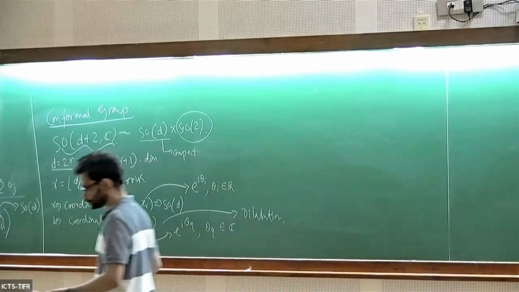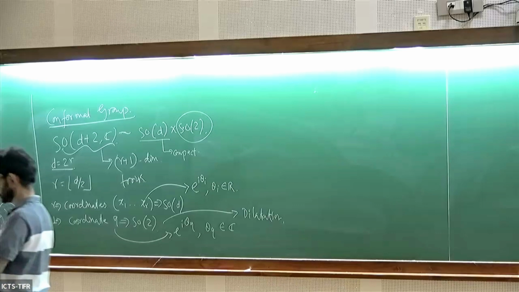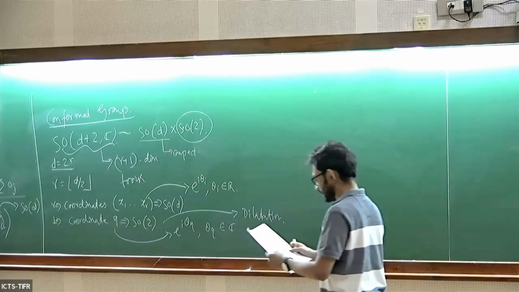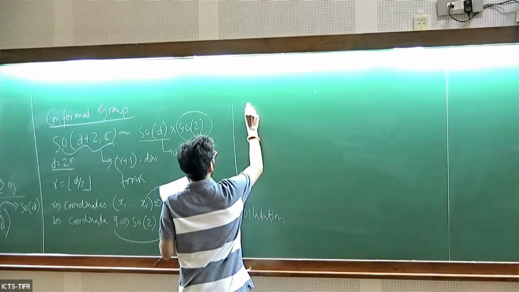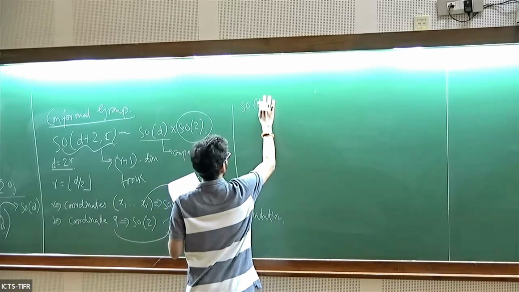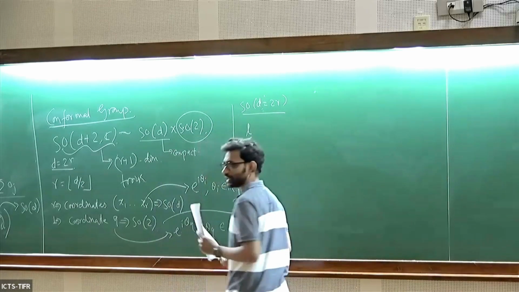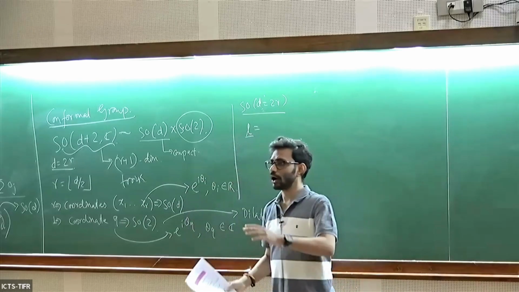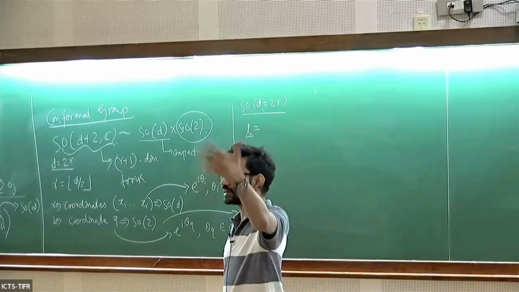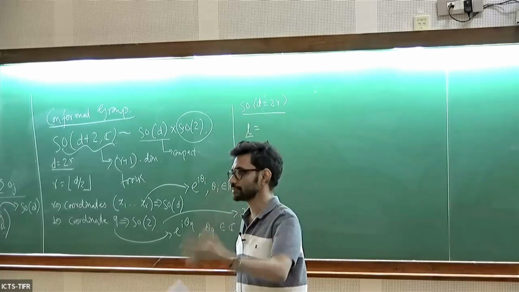So now, for SO(D), any state, which I'm writing as an L vector, how do I represent my state? By Dynkin label, or the way I define the highest weight state and all those things, right?